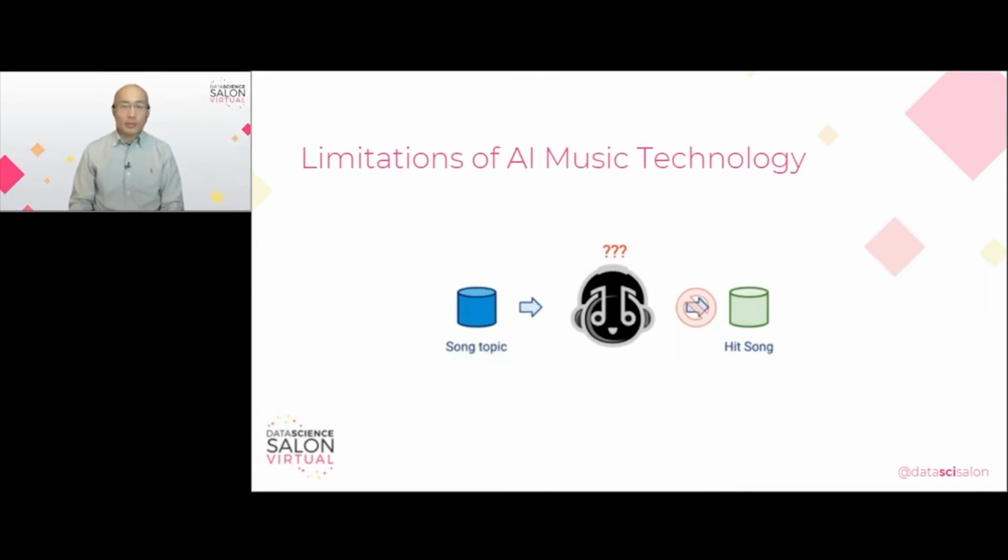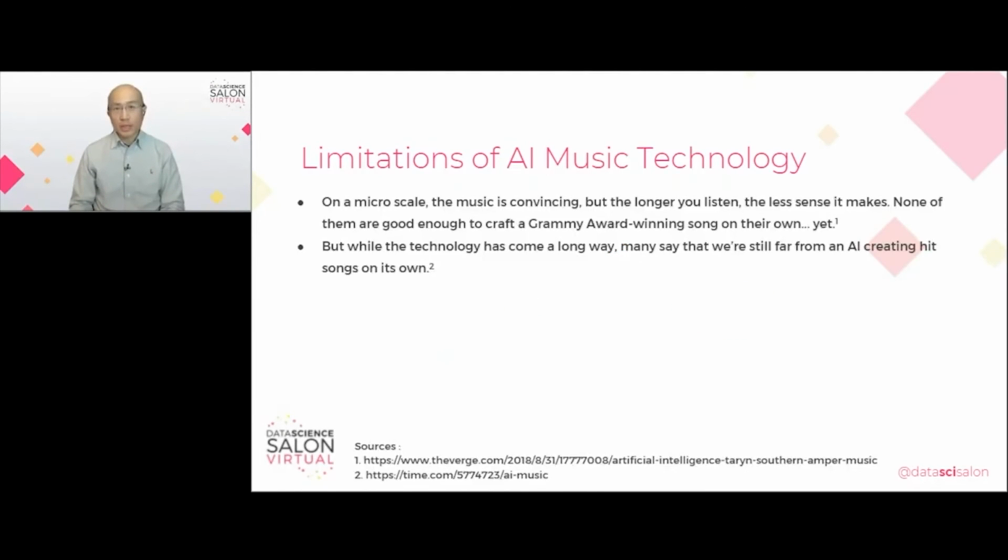So we can observe a similar limitation when it comes to AI music technology. For example, it's not possible to map song topic into a hit song or pretty much anything else into a hit song. And actually, the reason why I know this is because I've tried this myself. And it's well understood in the AI music community that AI by itself is not capable of creating hit songs.